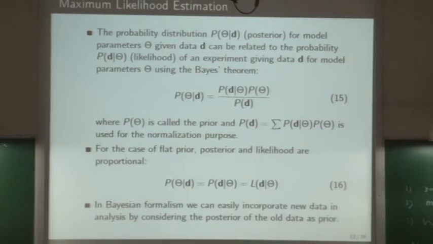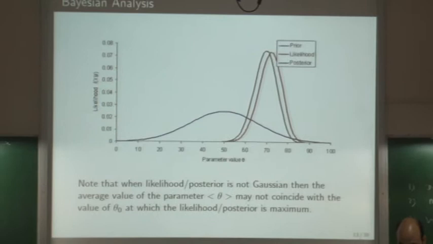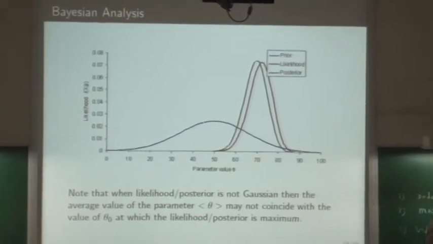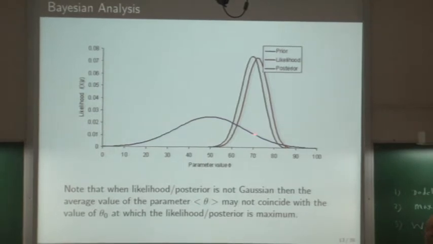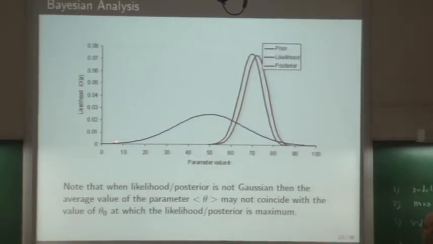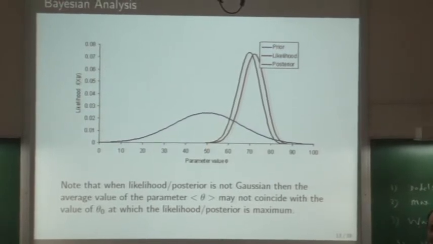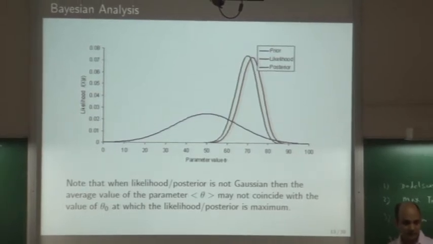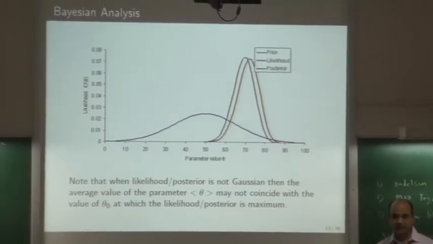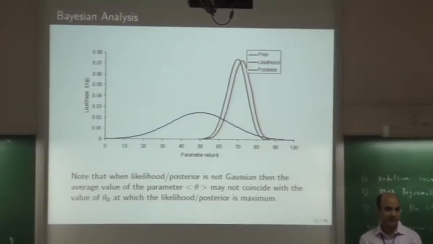I call it L(D|theta). Here you can clearly see what it means. This is our prior. Before carrying out the experiment, you can say that it has a mean value of 50 and it's very wide. So in Bayesian data analysis, we cannot work in complete ignorance. We must have some prior information available.